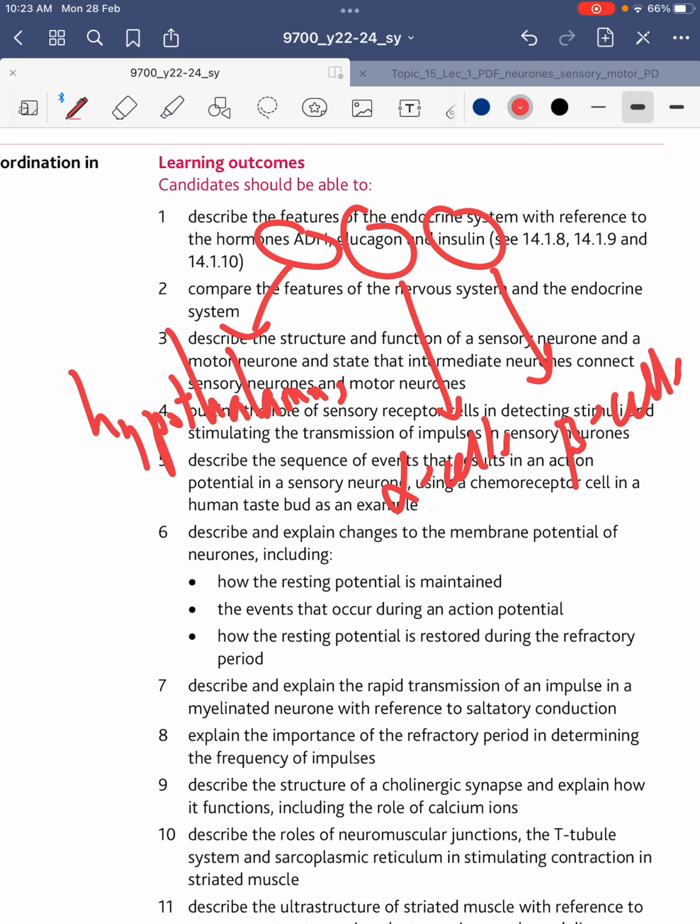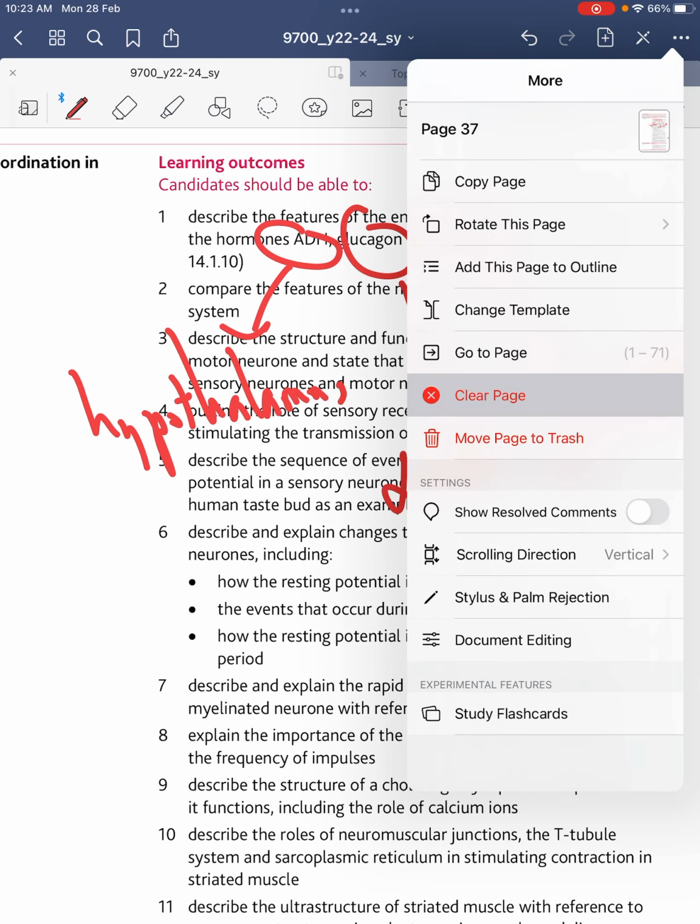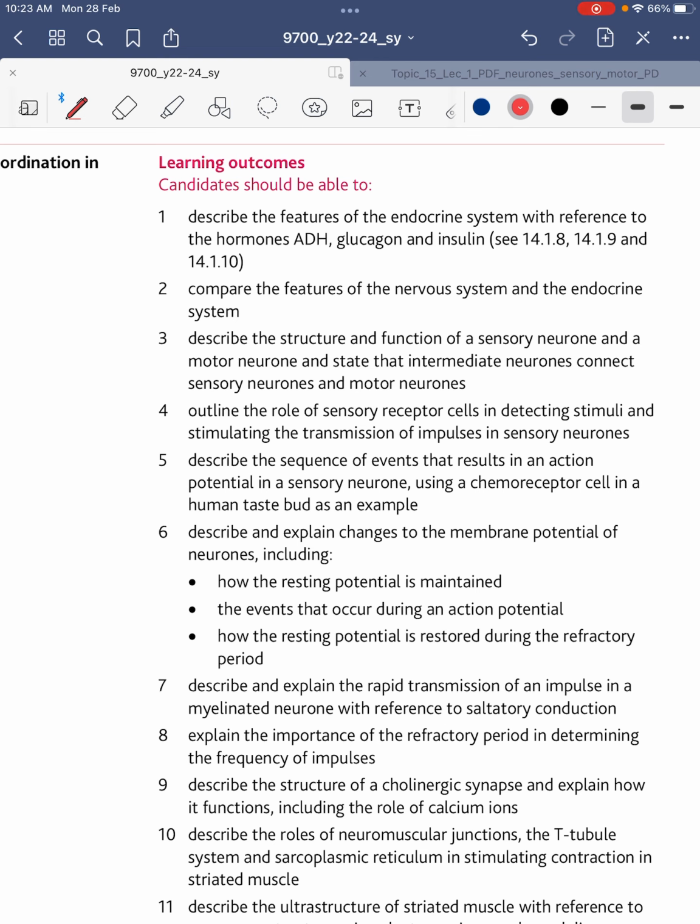So these are the basic features of the endocrine system: they are produced by glands and secreted directly into the bloodstream.